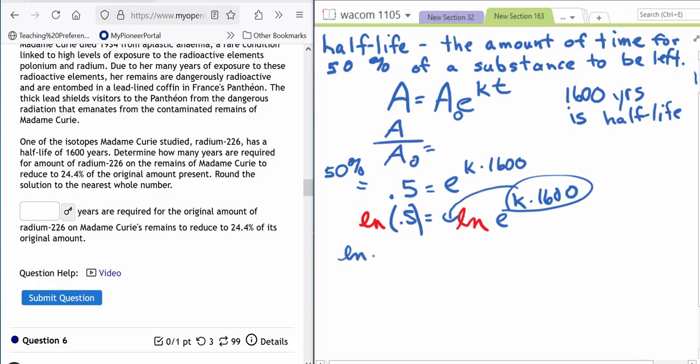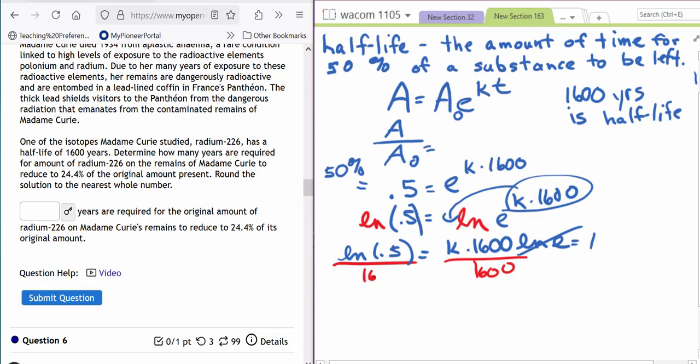So I have the ln of 0.5 equals K times 1600 ln of e. And this ln of e is equal to 1, so we're not going to need it anymore. And then we're ready to solve for K. We're going to just need to divide on both sides by 1600. And that is going to get us K.